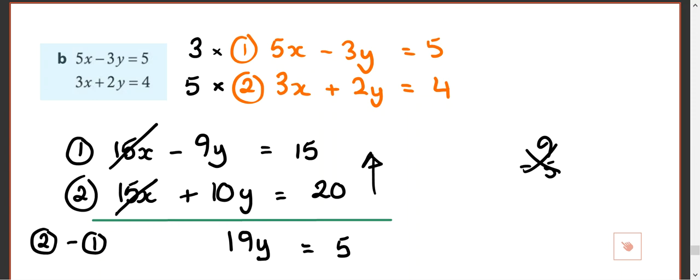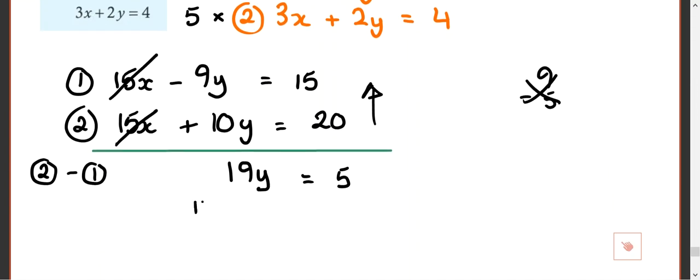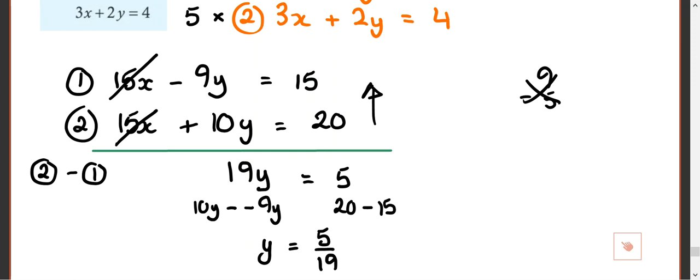Say that again? 10y subtract negative 9y, so you just add 9. So that was 10y subtract negative 9y, and this is 20 subtract 15. How do I finish it off? Well, y is obviously 5 over 19, 5 divided by 19.